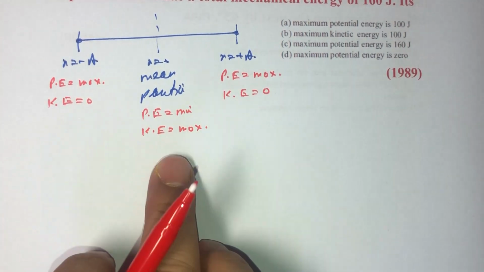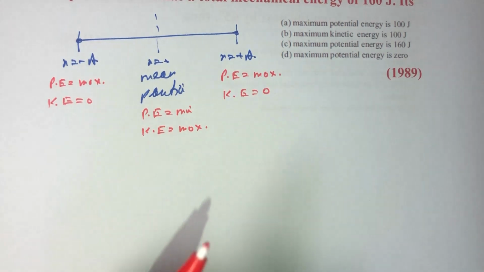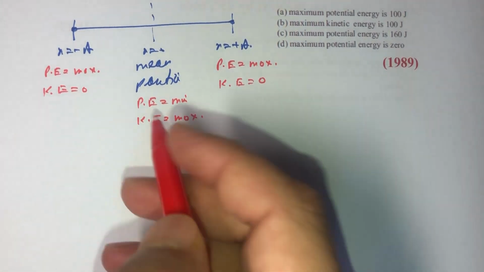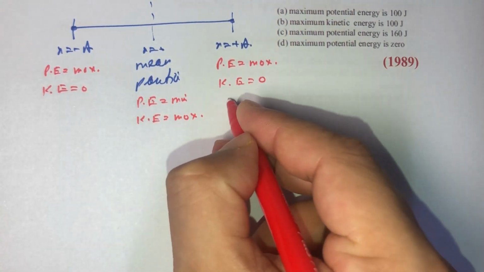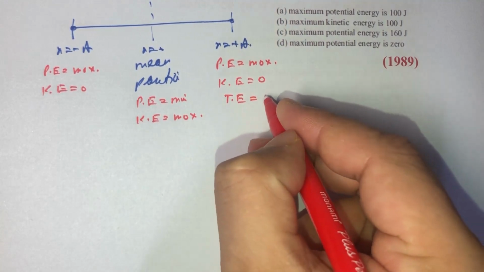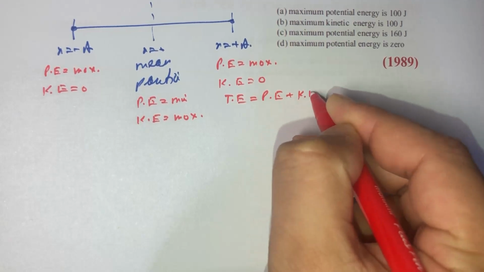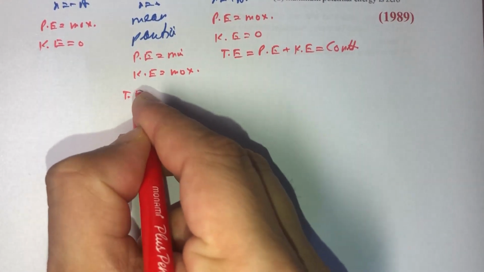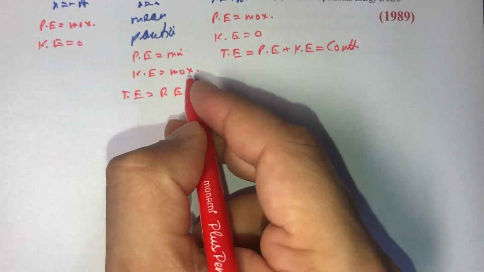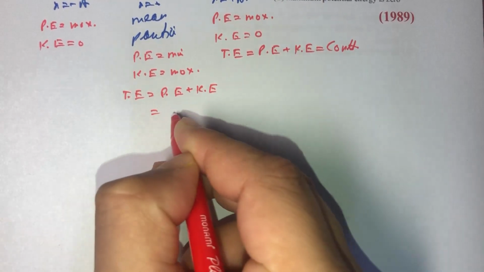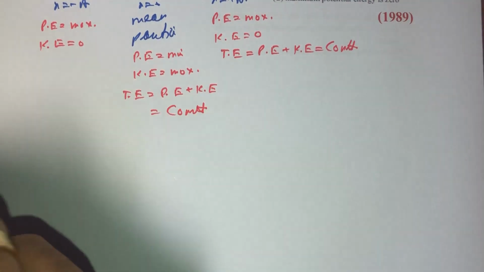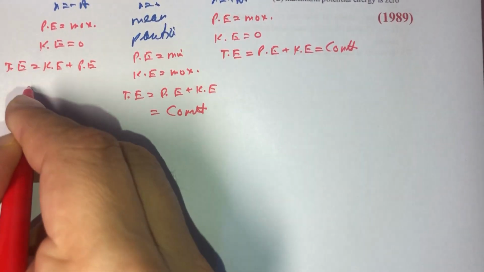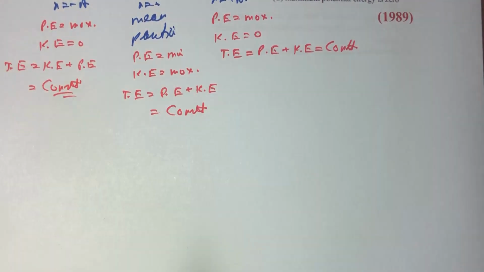In all three positions the summation of the energy will be equal to the total mechanical energy, and that will always be constant. So total energy will be equal to potential energy plus kinetic energy, that will be constant, at each position, including the other extreme.